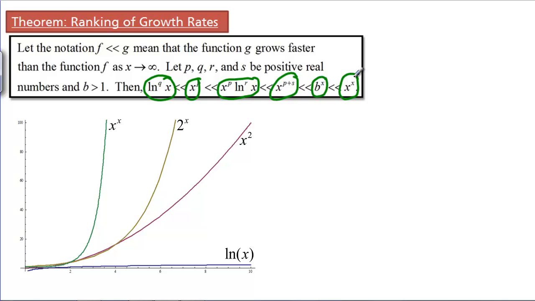That grows really, really quickly. This gives us some idea of things we probably already knew. We knew 2 to the x gets bigger faster than x squared, but this gives us a way of formally stating that.